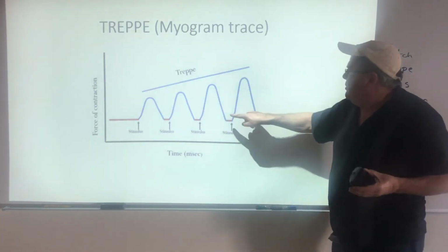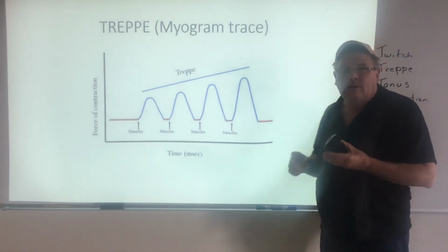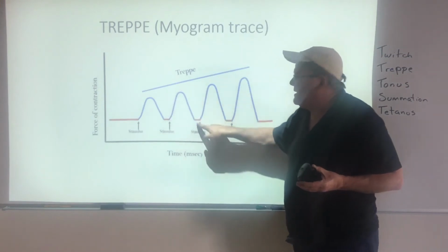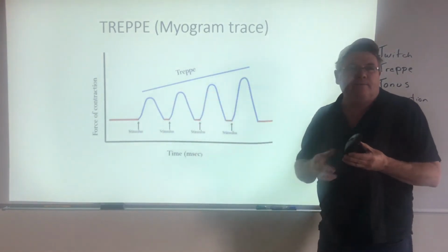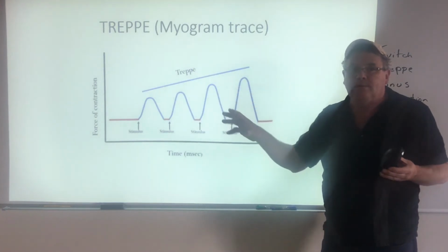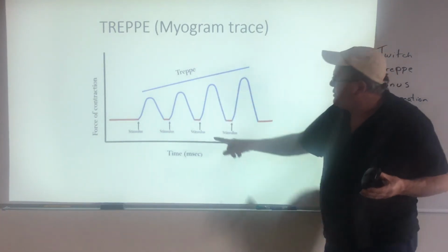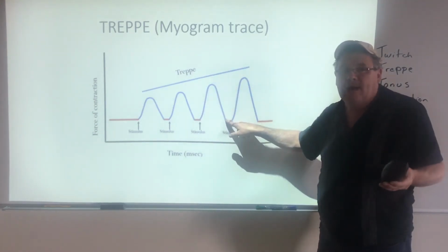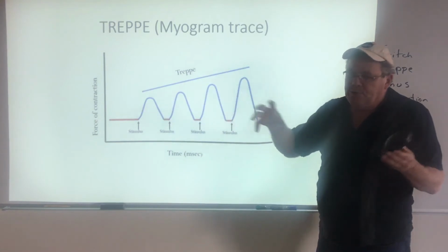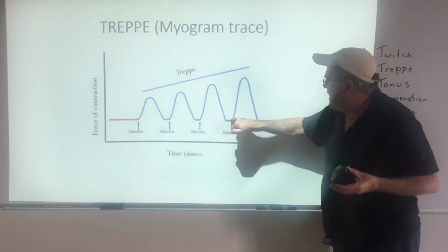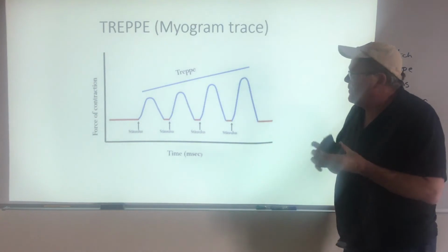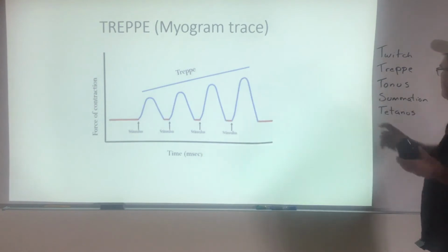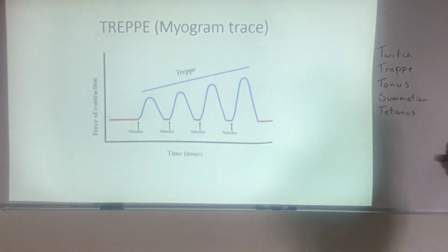You might wonder, why does it get continuously larger? Here's why. After one of these, you've still got calcium floating around. It hasn't all been pulled back into the sarcoplasmic reticulum. So the next stimulus throws out more calcium to add on top of what's already there. You get more of the tropomyosin pulled back, so you go higher and higher. What it ends up looking like is essentially what we perceive as a straight line.